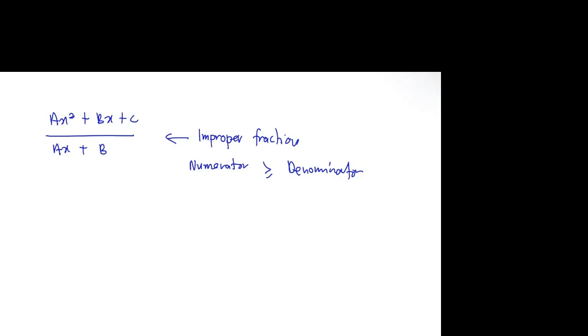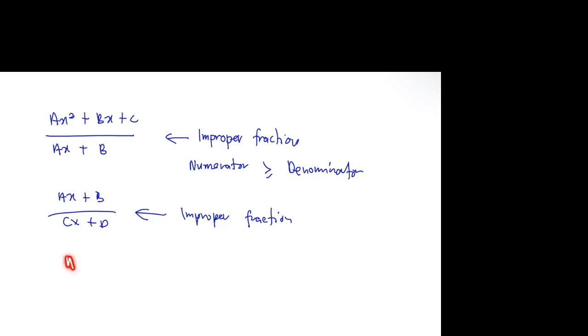Or you could just have ax plus b over cx plus d. This is also an improper fraction, because the highest power of the variable x is equal in the numerator and the denominator; both are to the power of 1. To be a proper fraction, the highest power of the numerator must be less than the power of the denominator.